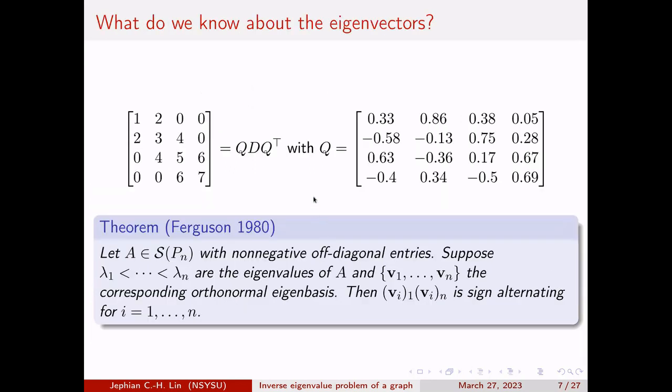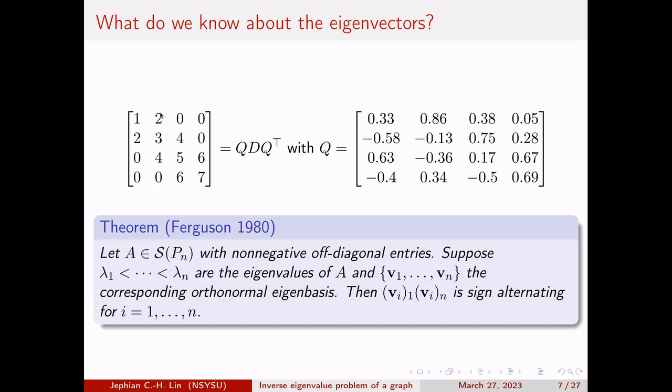And secondly, it's quite interesting. Again, it was discovered by Ferguson, and it can also be implied by the other result by Fiedler. But anyhow, if I have a matrix, for convenience, we just say that it is all positive on the off-diagonal entries.